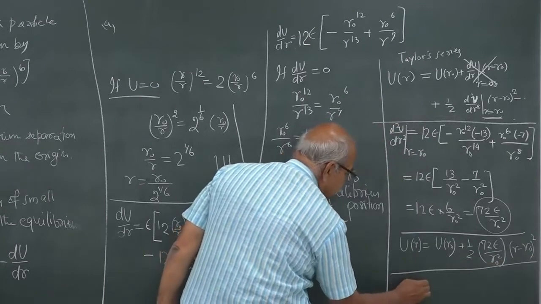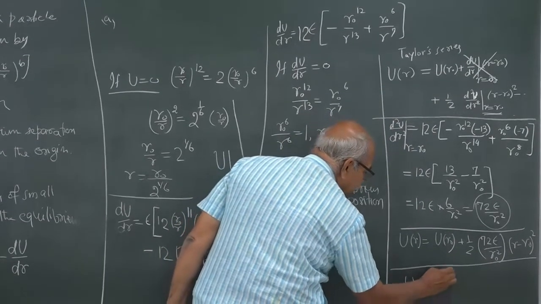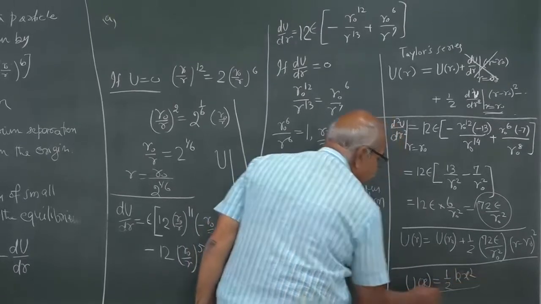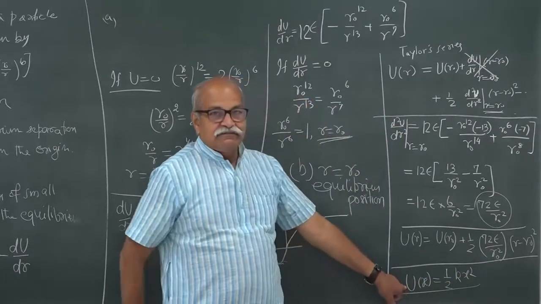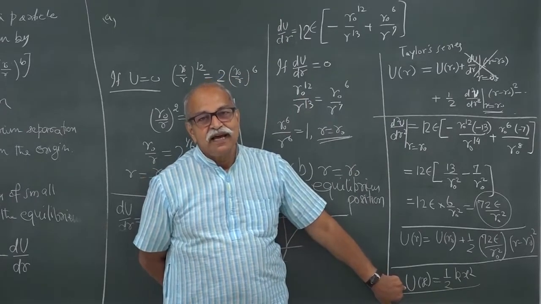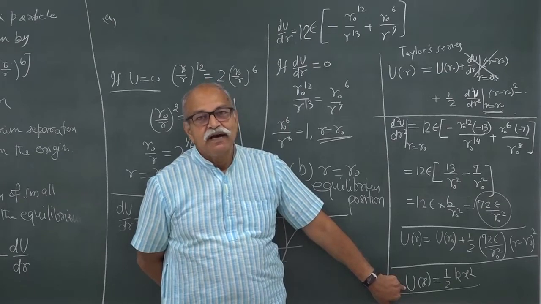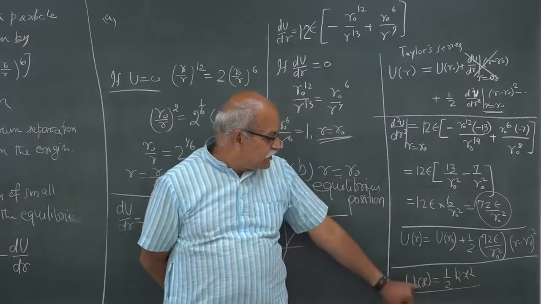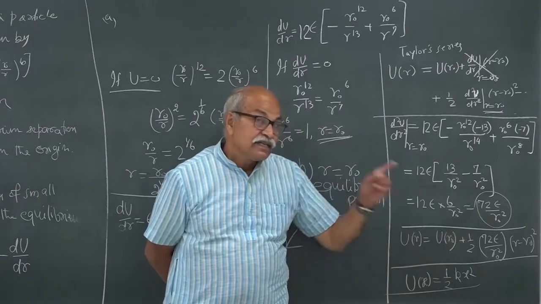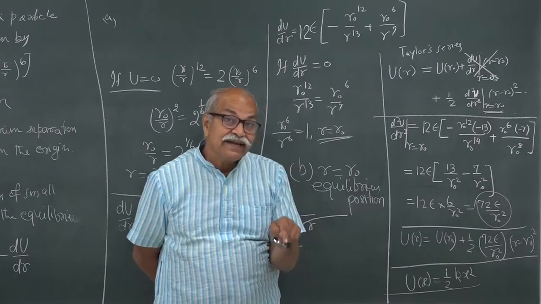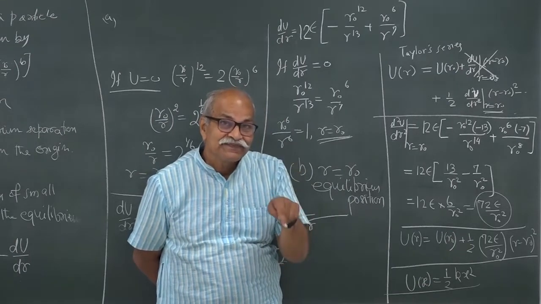Compare with u x equal to half k x square. This is our SHM equation. Potential energy of a particle undergoing simple harmonic motion, F equal to minus k x. So, that k is here, the potential energy is given by half k x square. There we choose 0 of potential energy at x equal to 0, right.